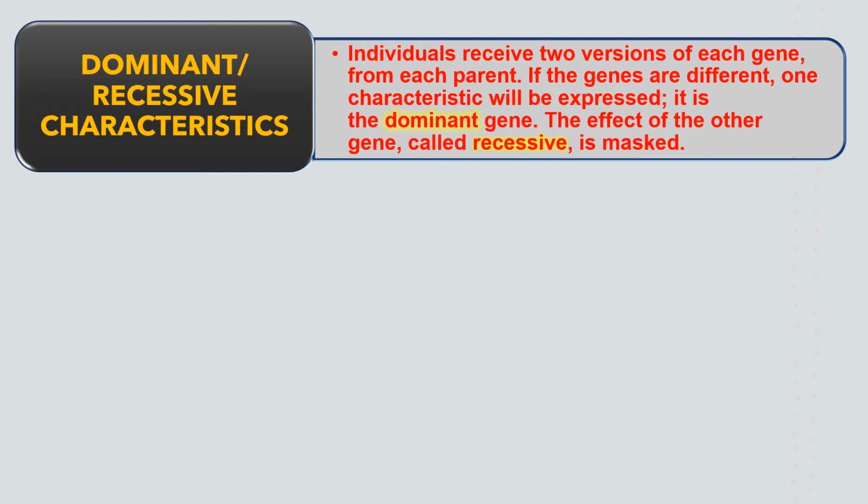For example, a child has parents with one having curly hair and one having straight hair. Genes for both curly hair and straight hair are present within the progeny or the baby. That baby may show curly hair, meaning curly is the dominant gene.